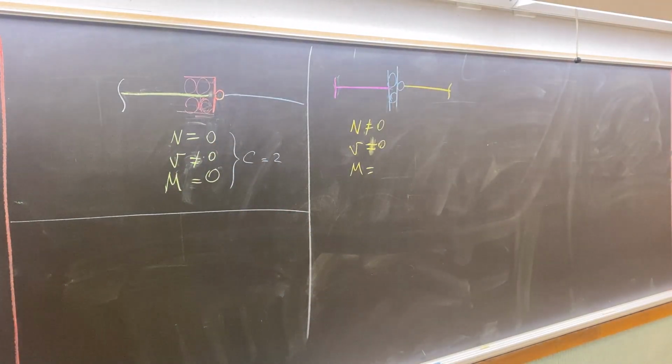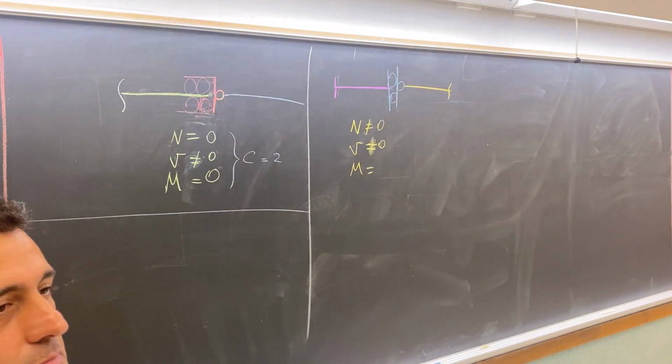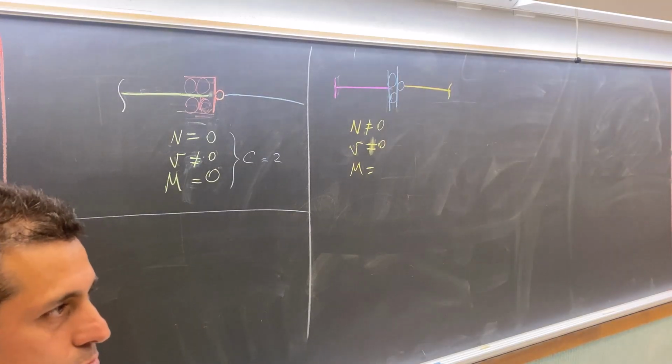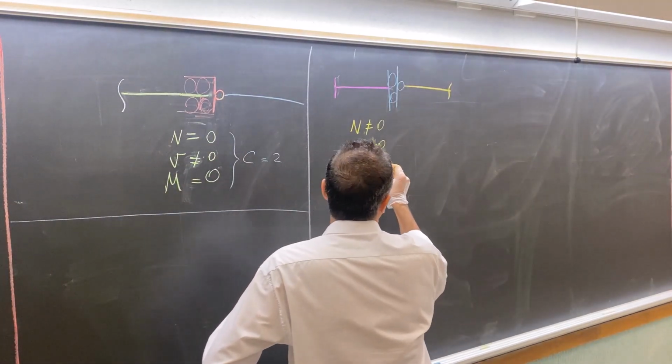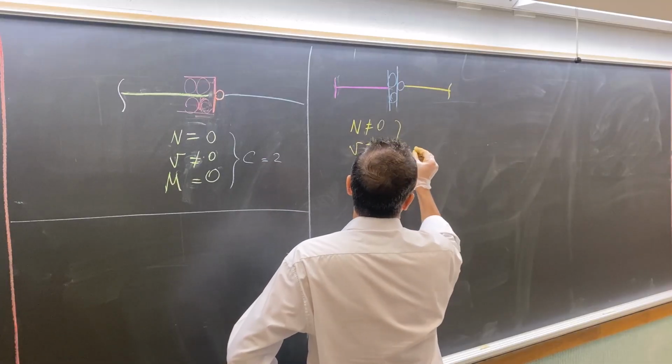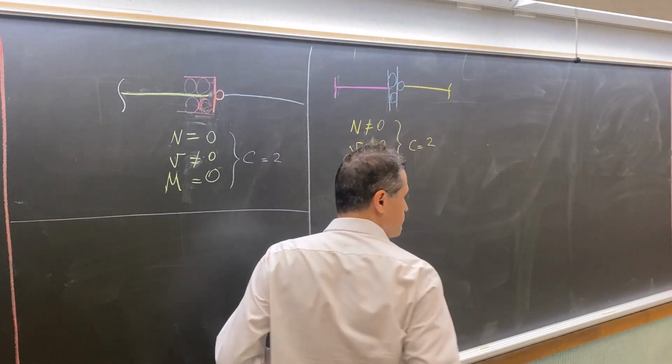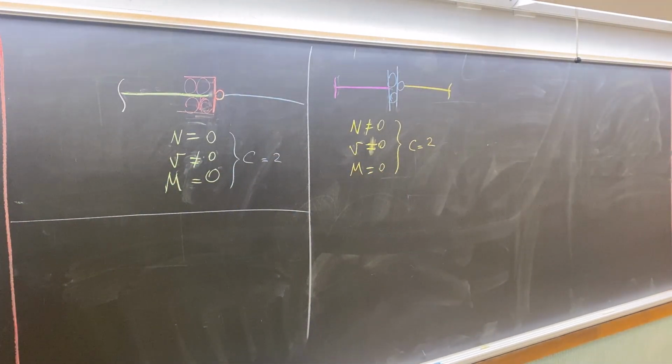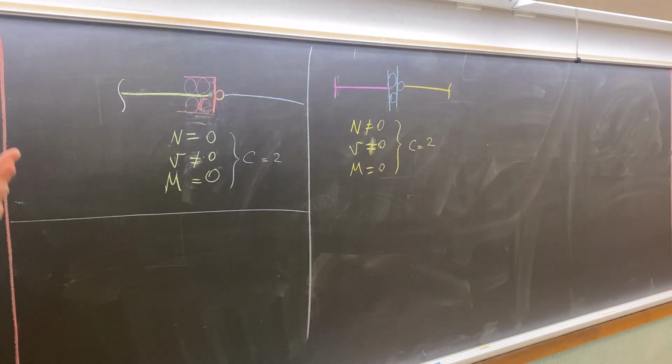What about moment? That's 0, because you can easily rotate. So these are special connections. So C is 2. So you must actually see them and solve them. So next time when you see this, you know the answer.